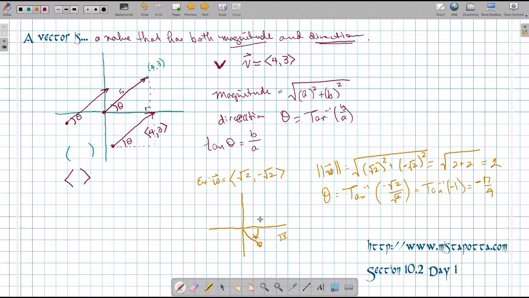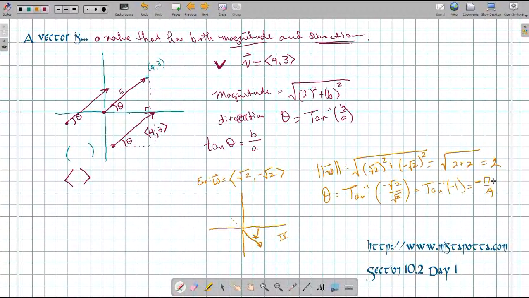If instead I ended up with an angle in the second quadrant, where tangent is also negative, I would just have to basically translate this 180 degrees, or pi units. So that's how we deal with, when I have a vector, how do I find its components, its magnitude, and its direction.